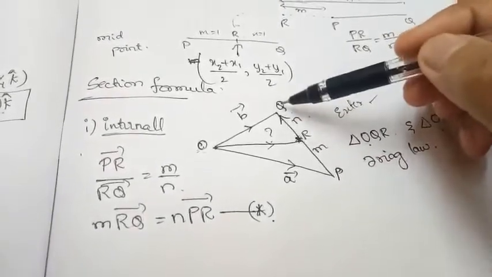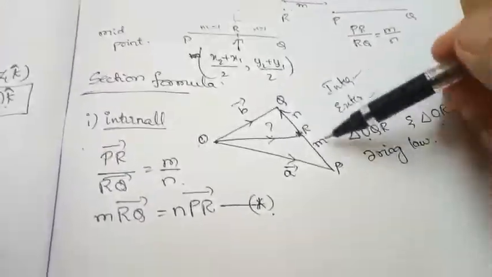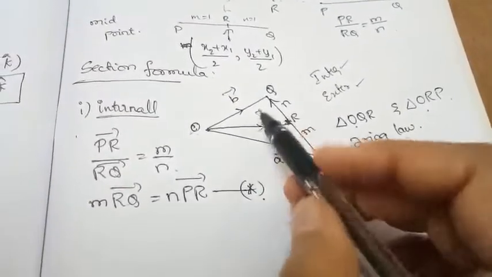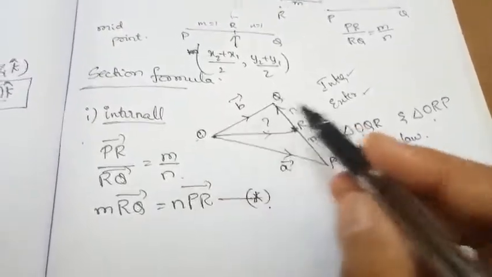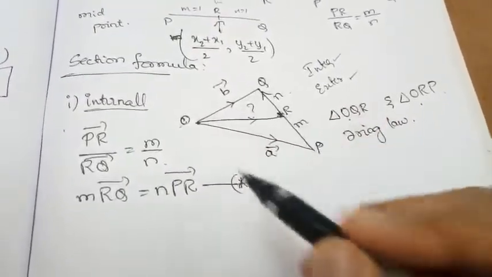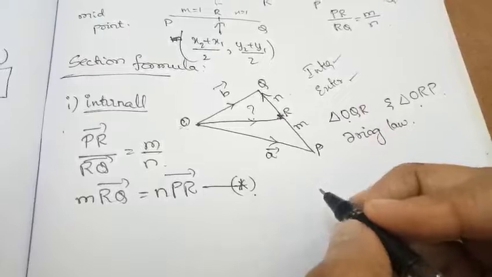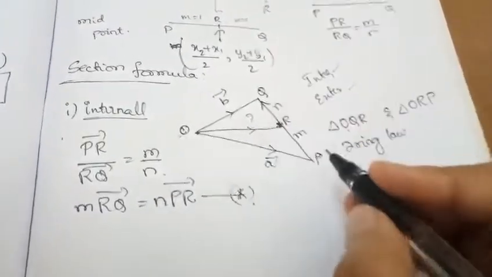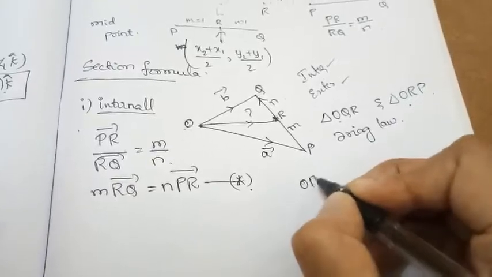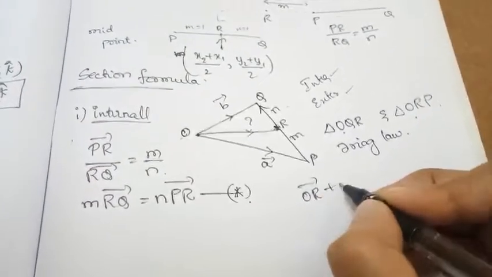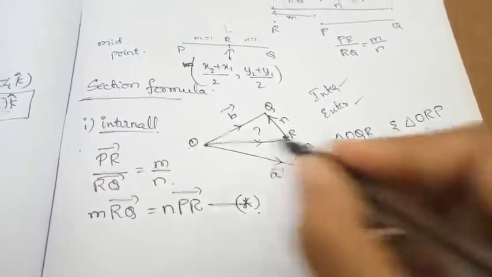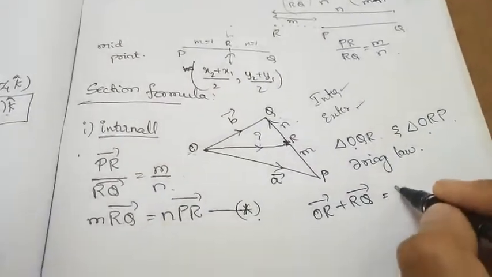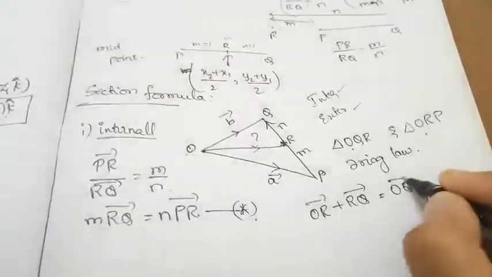We are going to find the value of vector RQ and vector PR. For that, let us first consider triangle OQR. By using the triangular law, vector OR plus vector RQ is equal to vector OQ.